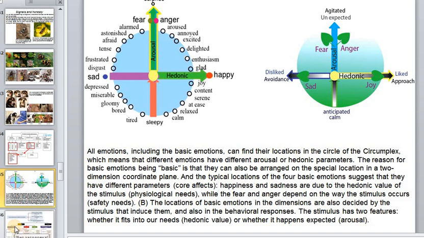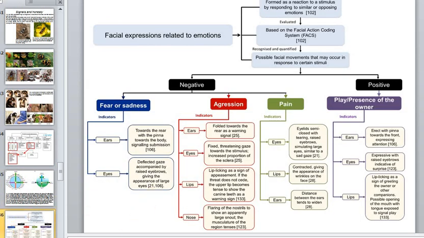It is very important for veterinary doctors. Here we see that negative ones are more difficult to understand because they can signal even pain or just aggression. Here we see the negative one, and it's not positive.